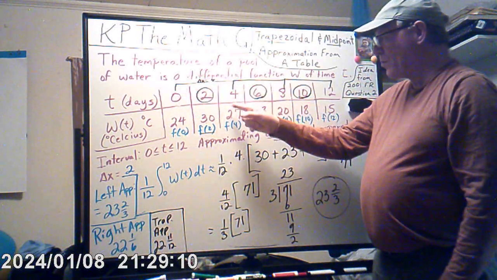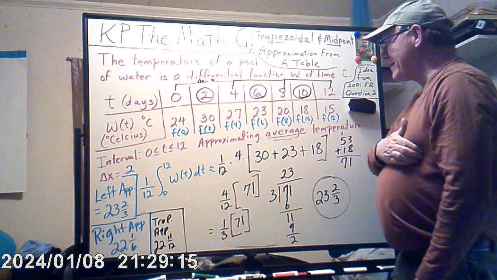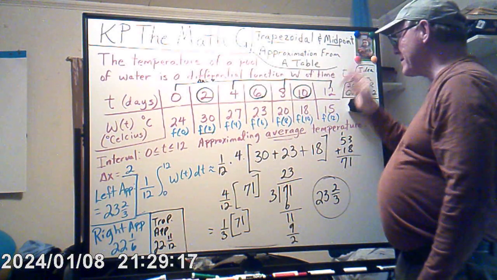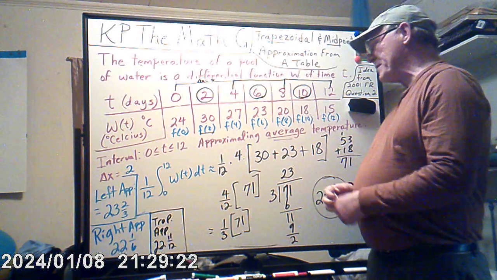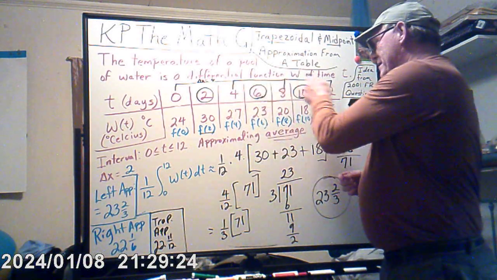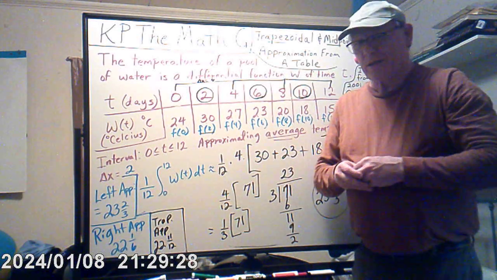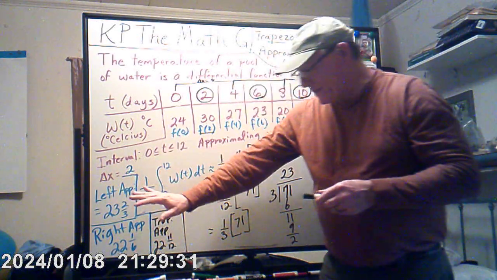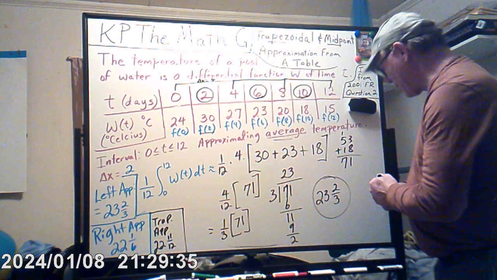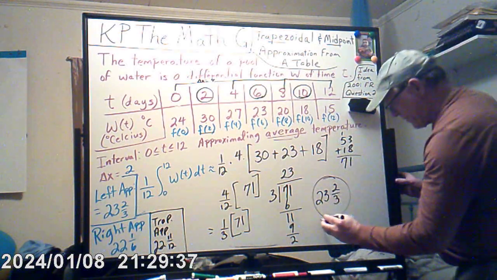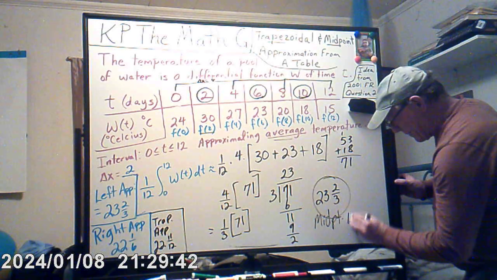Midpoint, boom, this is nice. That's why I added that extra one as opposed to what they did on the 2001 test. This is the easy way to do it. Alright, so we did left approximation, right approximation, trapezoidal, and this one here was the midpoint approximation.